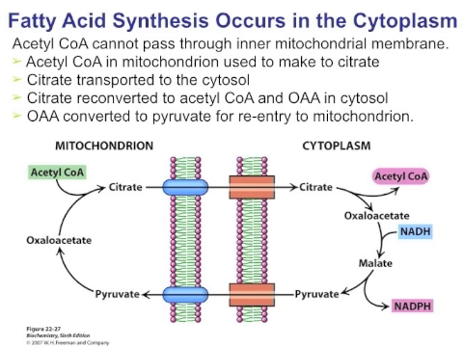Then oxaloacetate can be converted to pyruvate again for re-entry into the mitochondrion. Now, if you'll notice, this cycle that occurs in the cytoplasm not only produces acetyl-CoA, it also produces NADPH, and NADPH is another thing that we need for fatty acid synthesis.